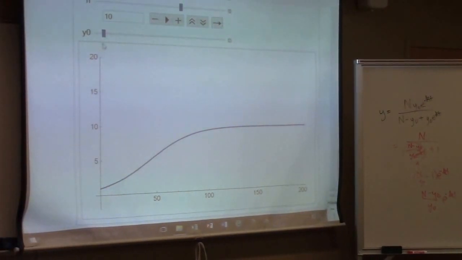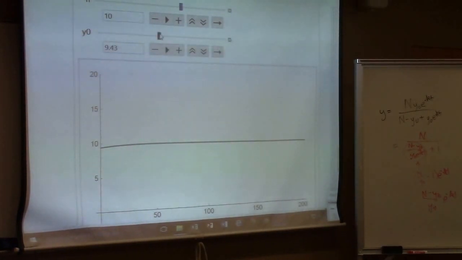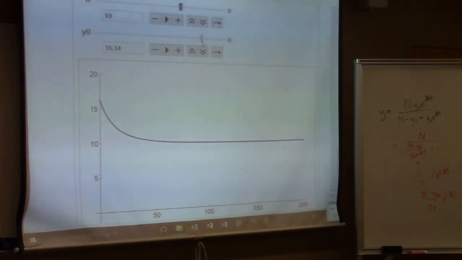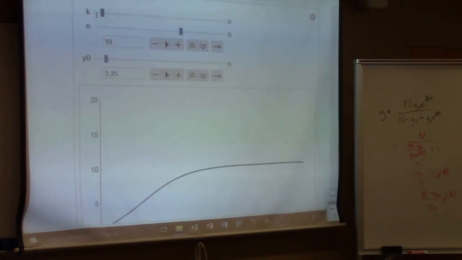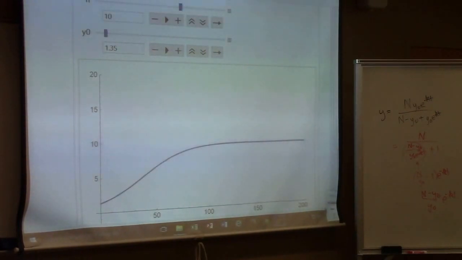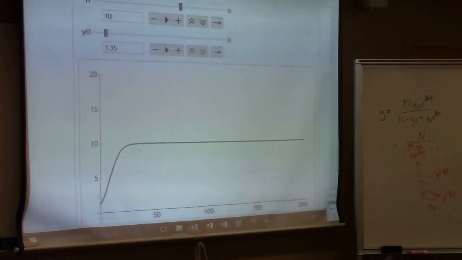If I increase my initial condition y0 past 10, the graph actually decreases toward 10 instead of increasing toward 10. And k affects the initial population growth: the bigger k is, the faster the initial growth toward the carrying capacity. So these graphs do look like you would expect based on how I described this model.